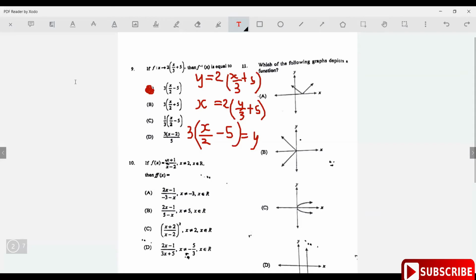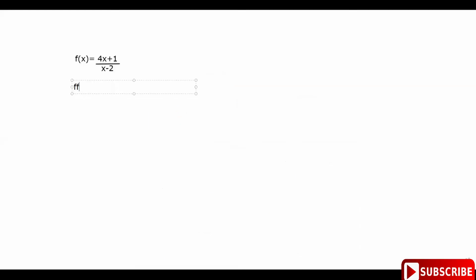f of f of x means you put f of x into f of x. So f of f of x is equal to 4 times, where x is, you replace it with 4x plus 1 divided by x minus 2. That's what you're going to do. Then you have your plus 1.